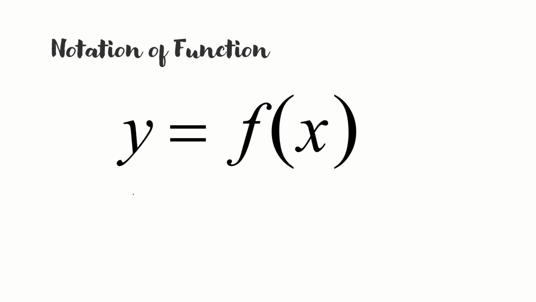We can say y is our dependent variable, whereas f represents the rule, the correspondence by which we map or match the two sets. x is the independent variable.